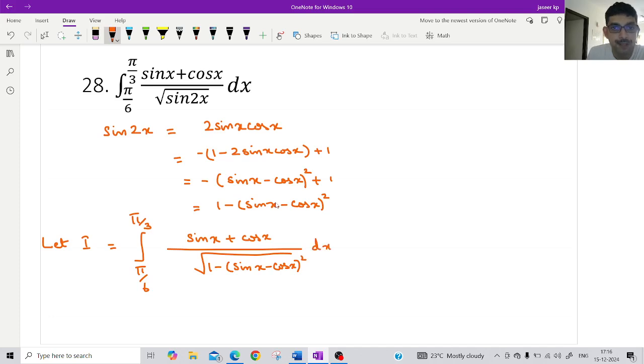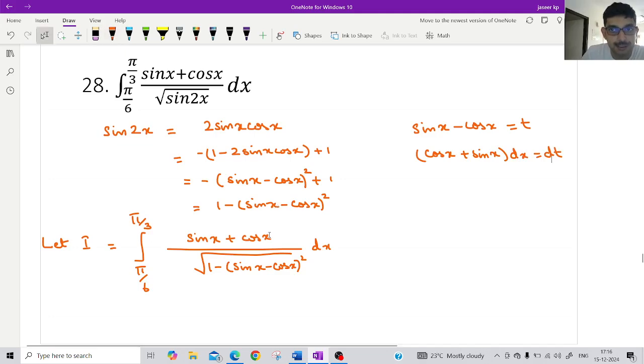Now why have we written it using sin x minus cos x? If we take sin x minus cos x as t and differentiate that, cos x plus sin x dx equals dt. So if you see the integrand, sin x plus cos x dx is available in the numerator. For that purpose only we have taken sin 2x in terms of sin x minus cos x.